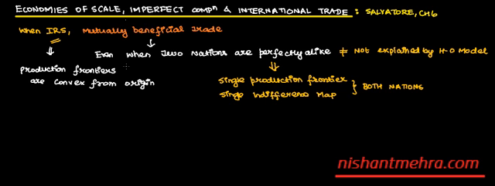In that case you have a straight line production frontier. Constant opportunity cost results from the assumption of constant returns to scale. When you have increasing opportunity cost, you have a concave shaped production frontier. This is what we have seen in our earlier recordings, and this flows from the decreasing returns to scale assumption. When you have the increasing returns to scale assumption, you have decreasing costs, and this gives rise to a production frontier which is convex from origin.